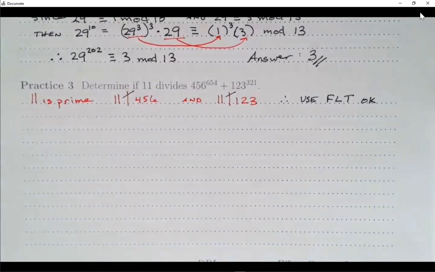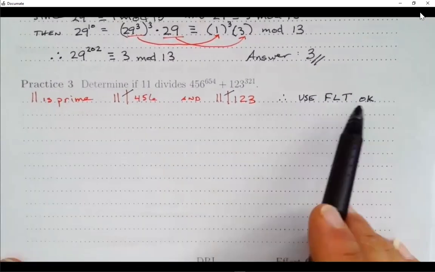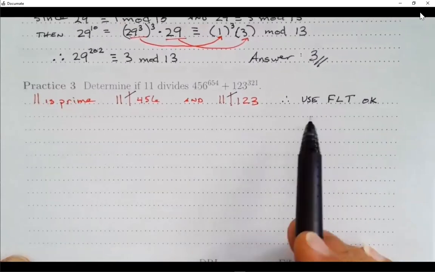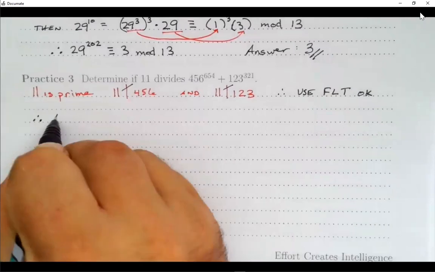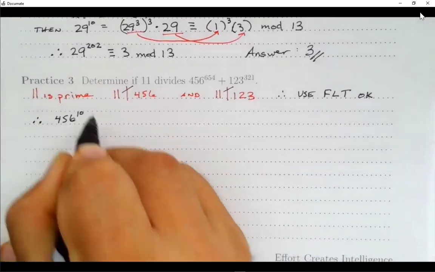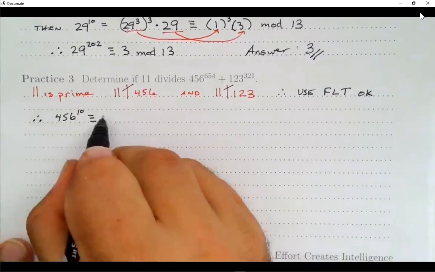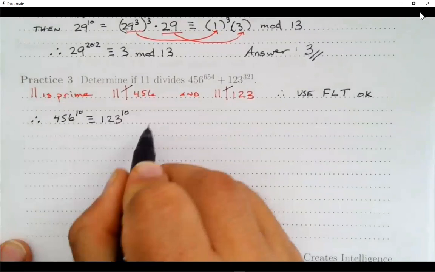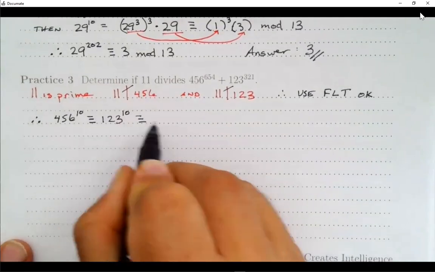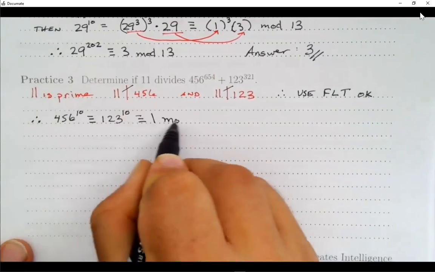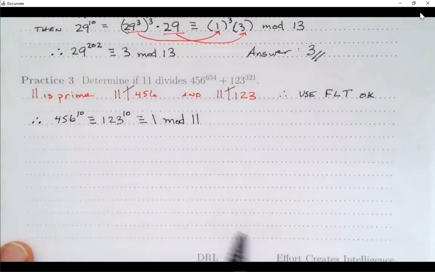Okay, so what would Fermat's little theorem tell us in this context? Fermat's little theorem would tell us that 456 raised to the 10th power is going to be equivalent to 123 raised to the 10th power, which will be equivalent to 1 mod 11, right?